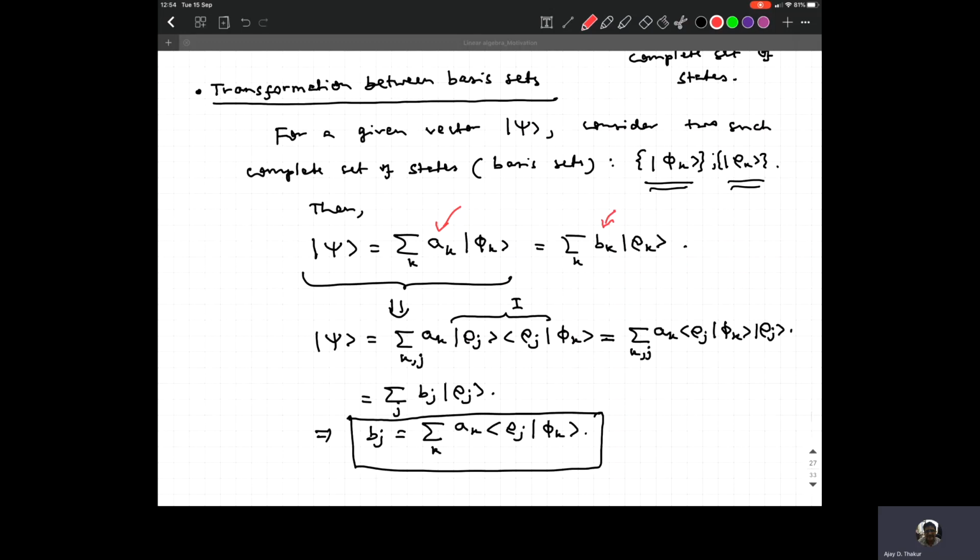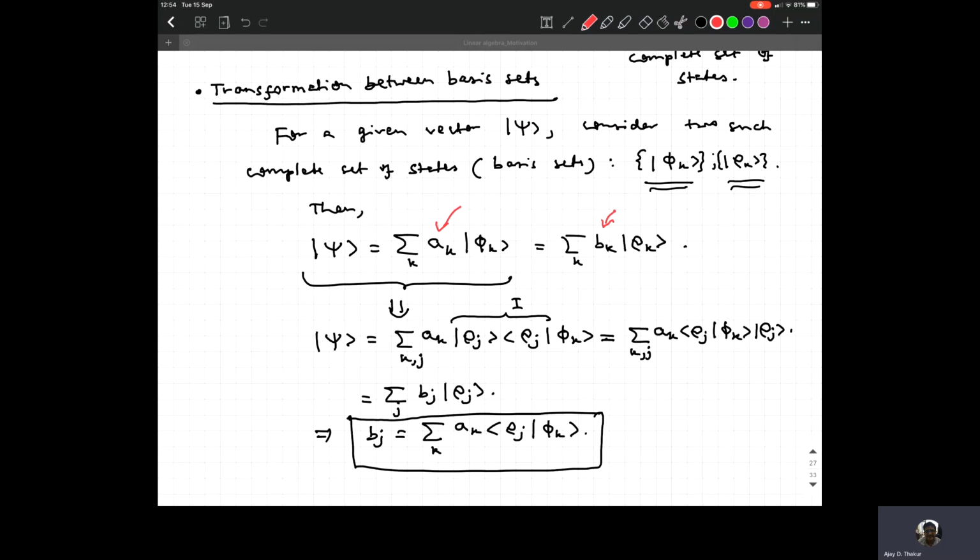Before that, we would just like to see how we transform from a basis set phi k to rho k and vice versa, and what would be the connecting coefficients, and what would be the relationship between ak's and bk's. For doing that, suppose we are looking at psi expanded in terms of the basis set phi k.